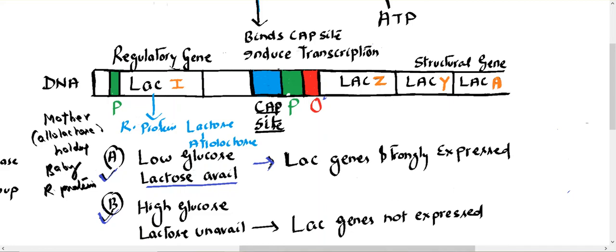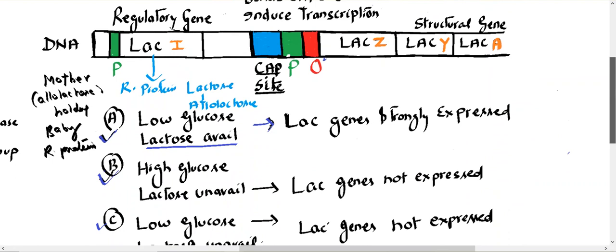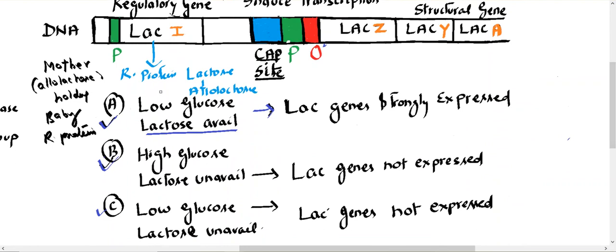So high glucose is not good, CAP is not getting activated, and if lactose is not there, the allolactose cannot inhibit the repressor protein, and the repressor protein will bind to the operator site, and lac genes are not expressed. Okay, I hope that is clear.